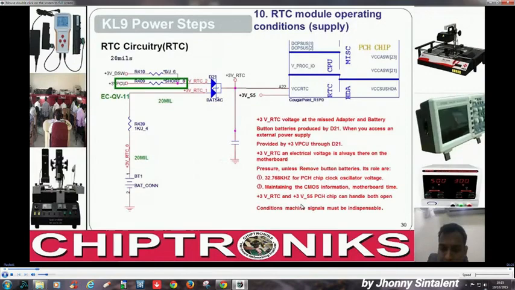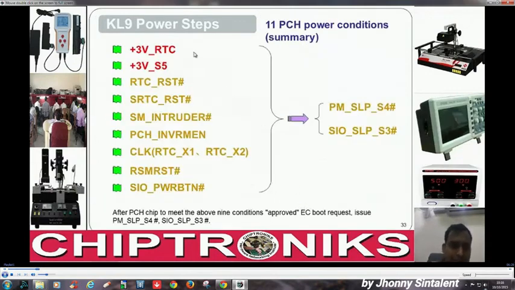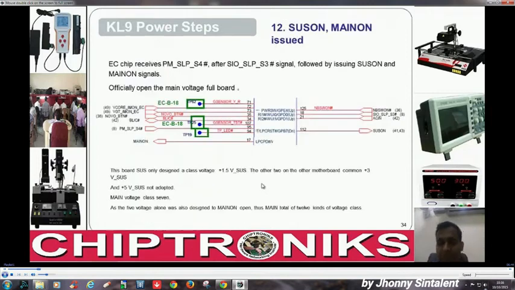So the RTC section comprises all this; that is, generation of SLP_S4 and S3 requires these signals to be present.